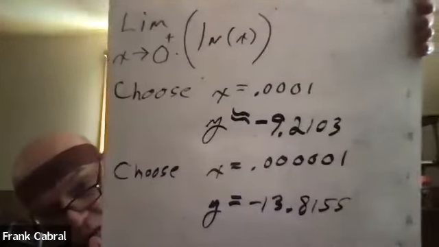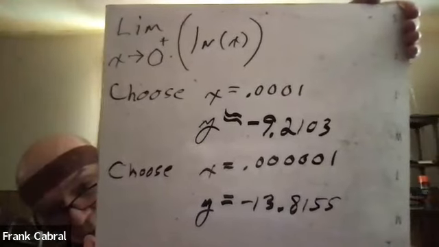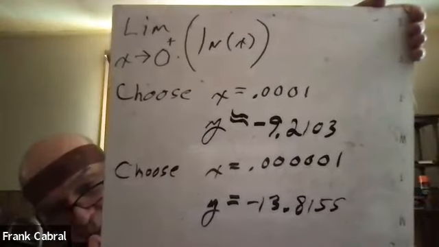Now, some of you may not be convinced as to where this is going, even though you can see what the graph is telling you when you looked at the graph of the natural log. But this is actually headed for negative infinity. This is a function, by the way, that is unbounded below.